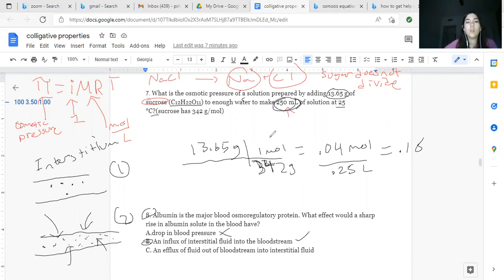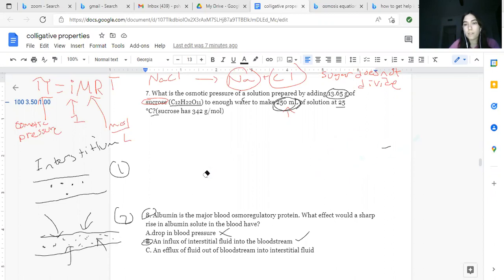Let me just erase this and write the whole equation front and center. So far we have 1 for the van 't Hoff factor, then our molarity is 0.16. Lastly, R is a constant, so you just have to memorize this.